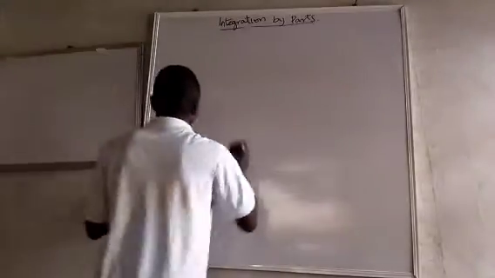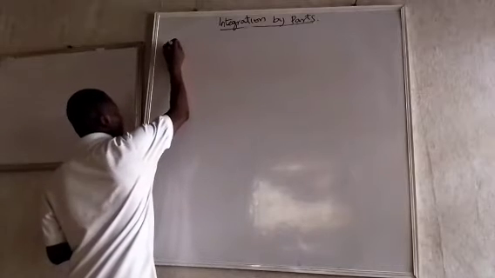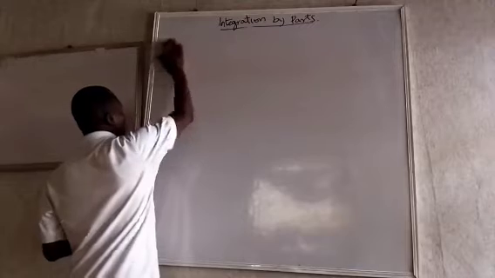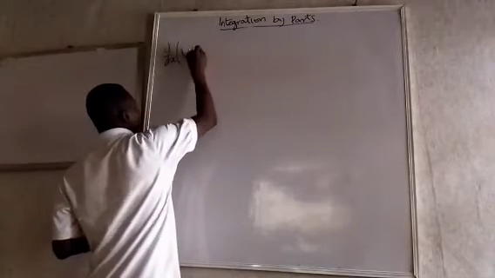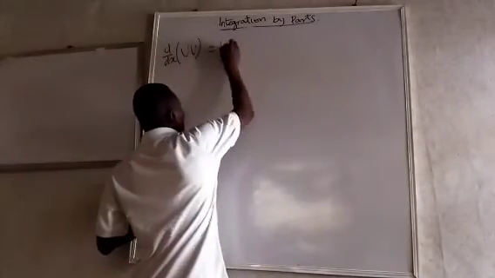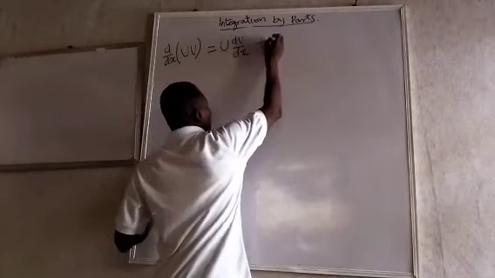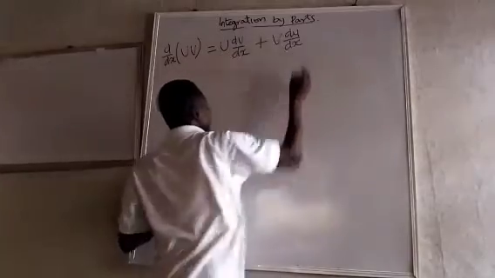Now, let's look at this. If we differentiate uv, once we differentiate, we are going to have u dv dx plus v du dx.